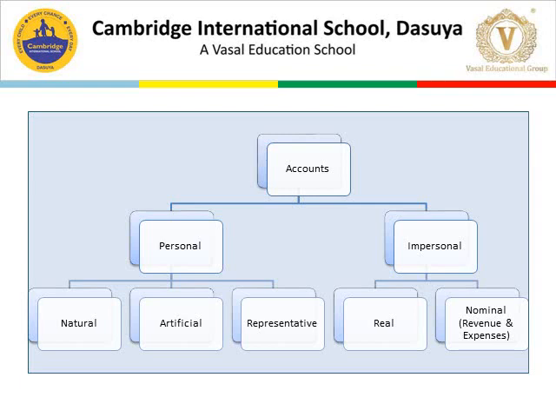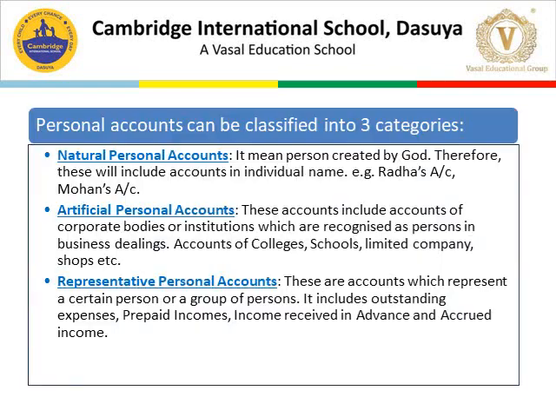So let's start, beginning with the first, natural personal account. It means a person created by God. Therefore, these will include accounts in an individual name.